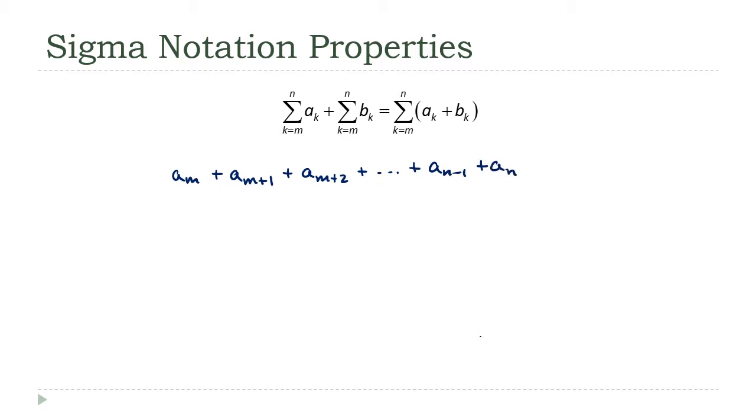Now I'm going to do the same thing with the b's. So this is plus b sub m plus b sub m plus 1 plus so on out to b sub n minus 1 plus b sub n.